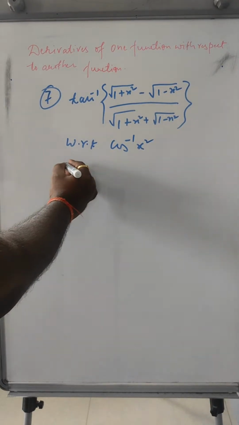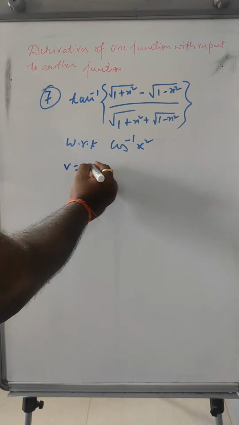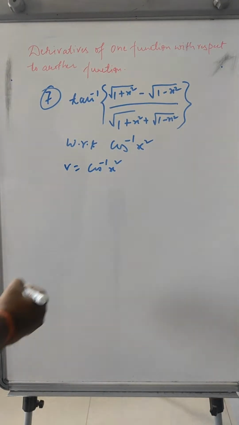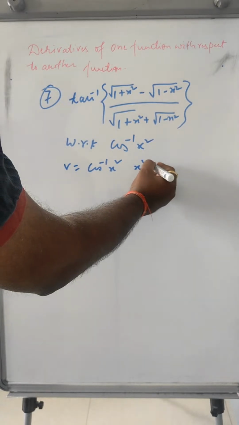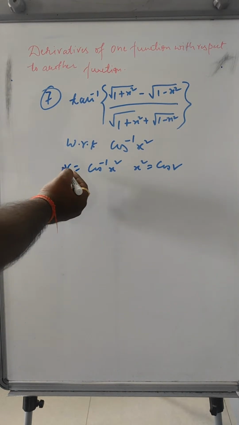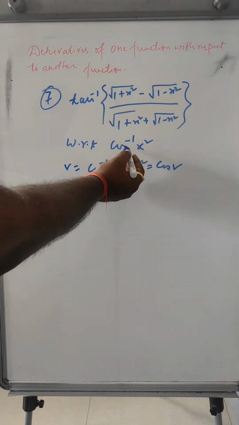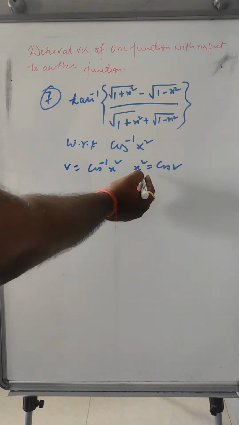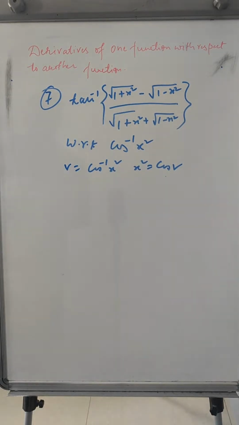So here we'll let v be equal to cos inverse x square, then x square is equal to cos v. Now we can substitute this into here.